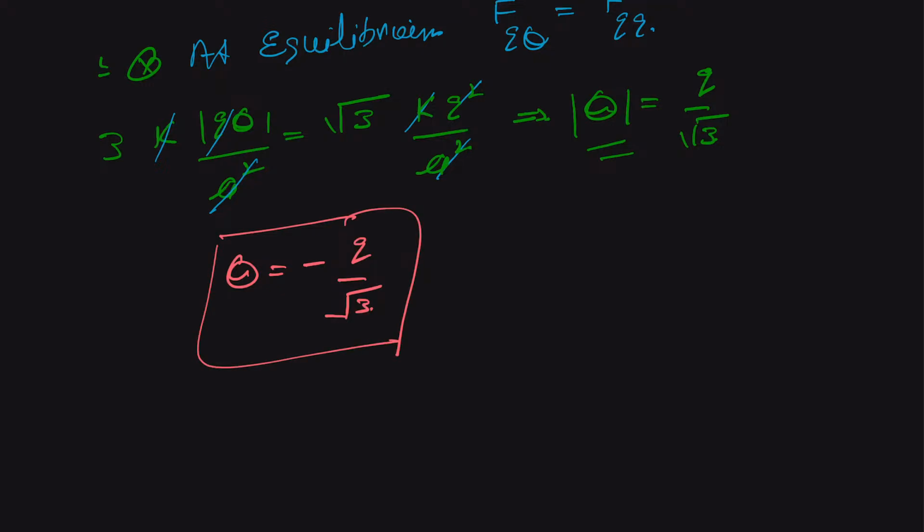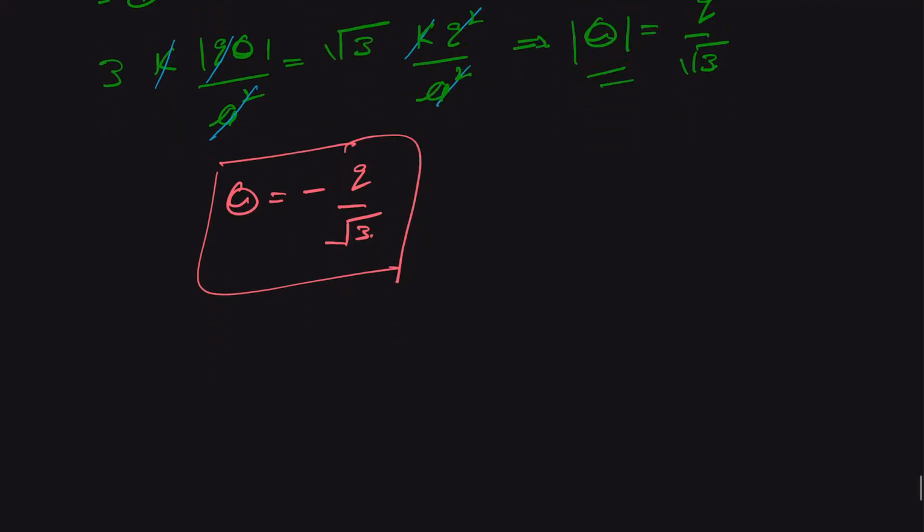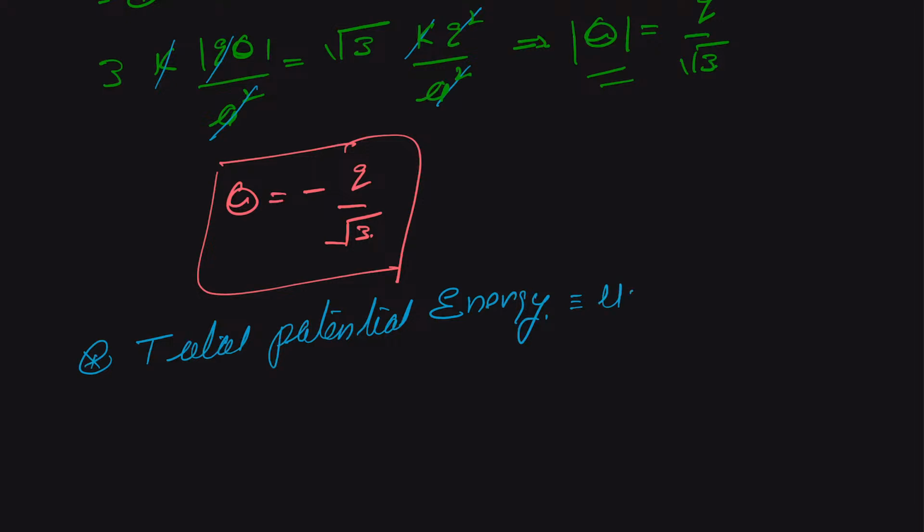Now in the B part or C part, we are supposed to find out the total potential energy of both the cases. So total potential energy, or total electrostatic potential energy, the general formula we already know, that U is equal to summation K Qi Qj upon Ri Rj.